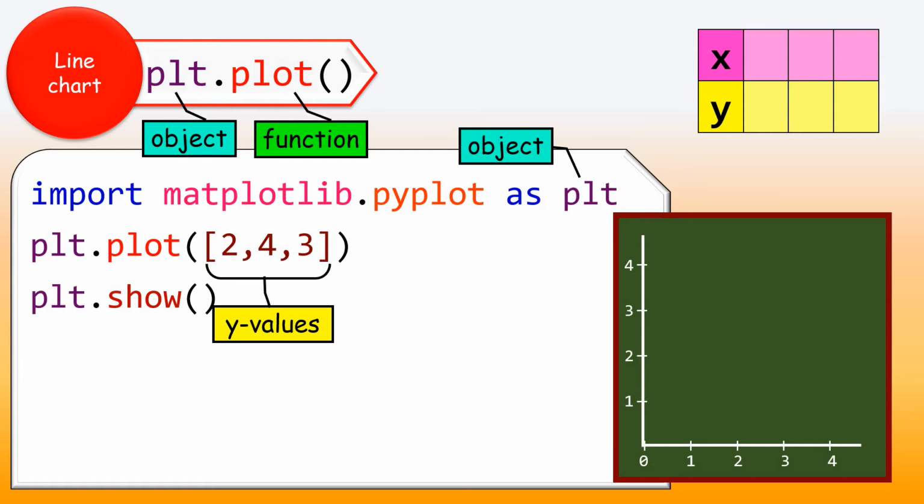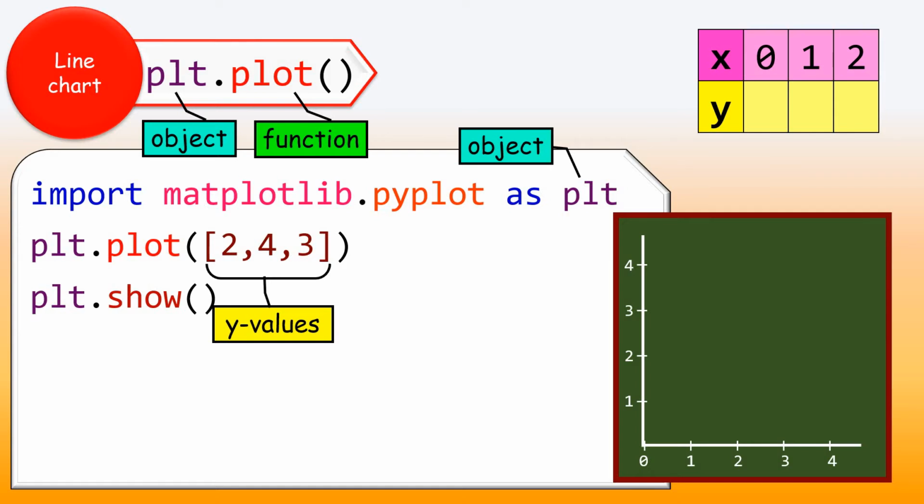Since the X values are not supplied by me, Python will take default values for X coordinates. The default values will always begin with 0. So the X values will be 0, 1, 2.